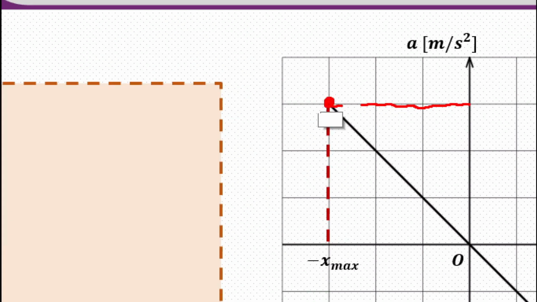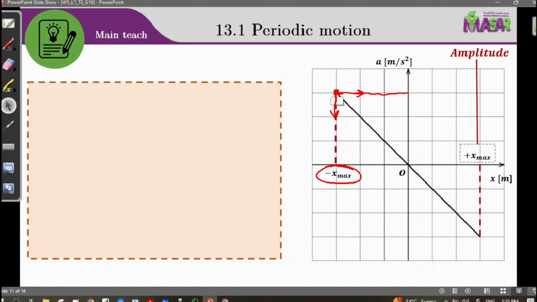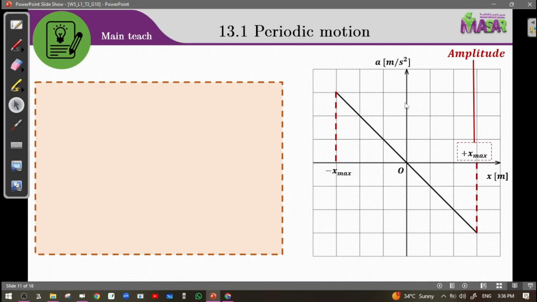For this point, we have two projections along the horizontal and the vertical axis. The projection of this point along the horizontal axis represents the x max. For the vertical one, the extreme point here represents the acceleration max. And it's plus because it's lying along the positive direction of the y-axis, the vertical axis, but we also have another value for the acceleration in the negative direction.